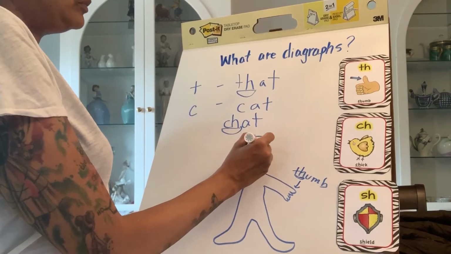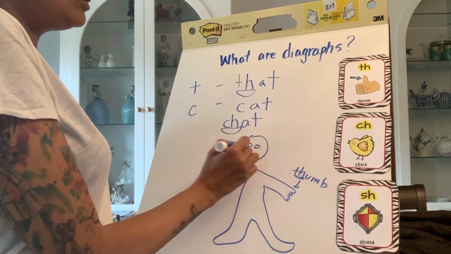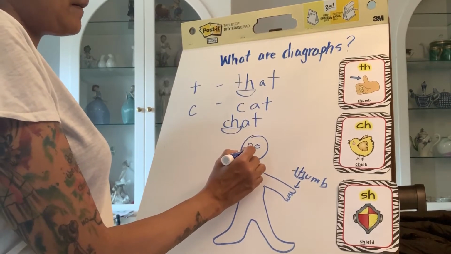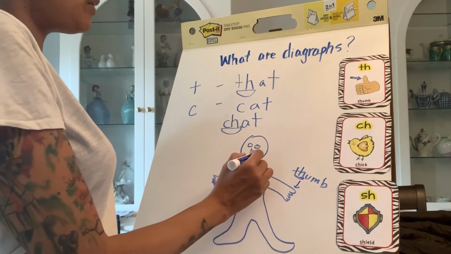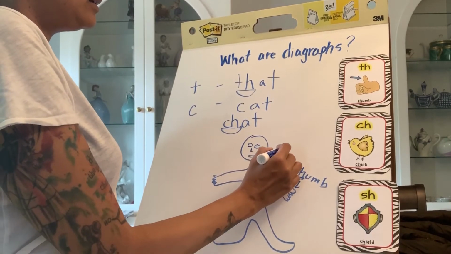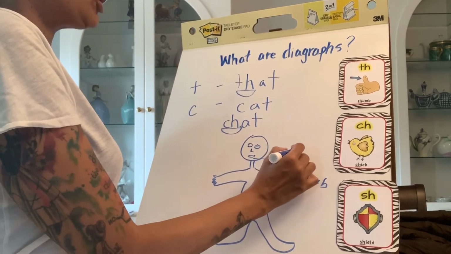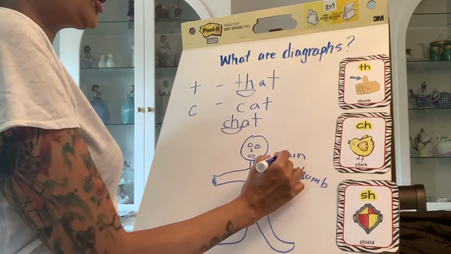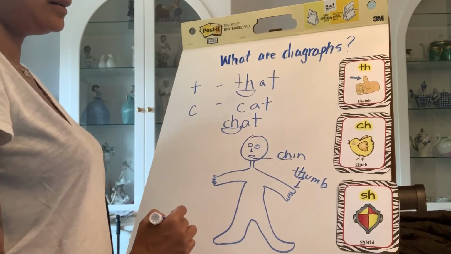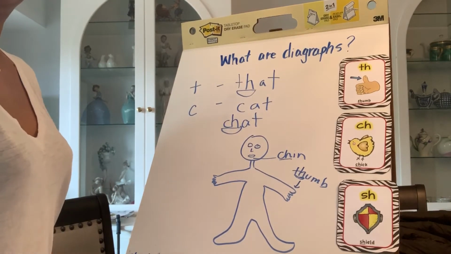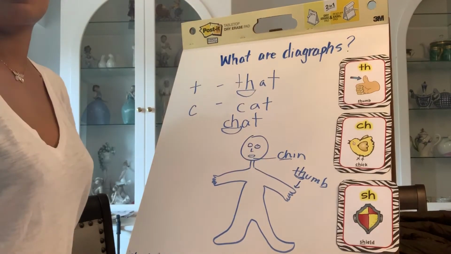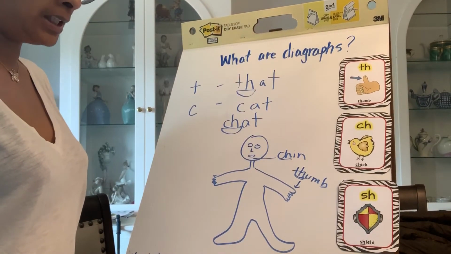Eyes, no. Nose, no. Mouth, no. But right below the mouth, you have a, did anybody get it? A chin. Chin. And take a few minutes before you move on to think of any other parts of the body that may have the TH sound.